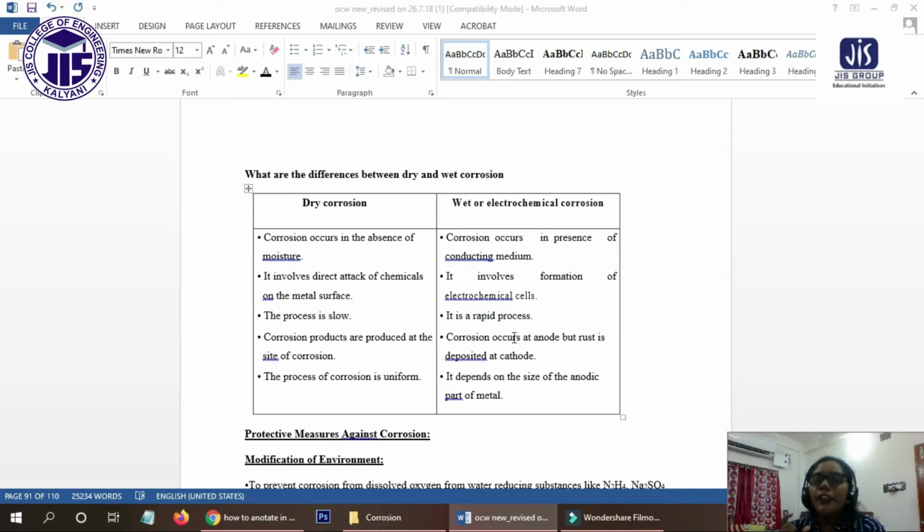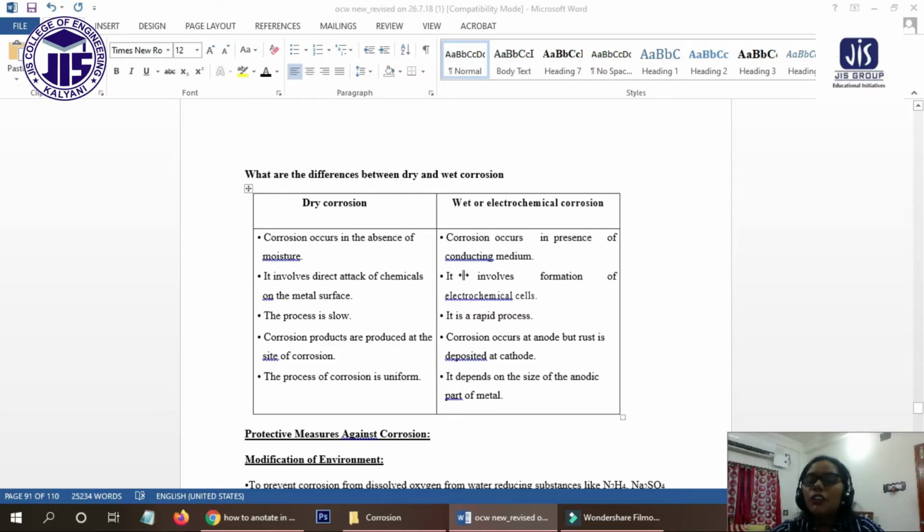Dry corrosion is also called chemical corrosion, because chemical reactions are involved in this corrosion. Wet corrosion, or electrochemical corrosion, involves the formation of electrochemical cells.